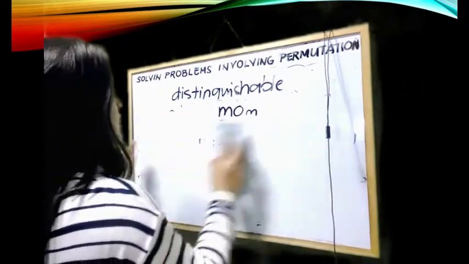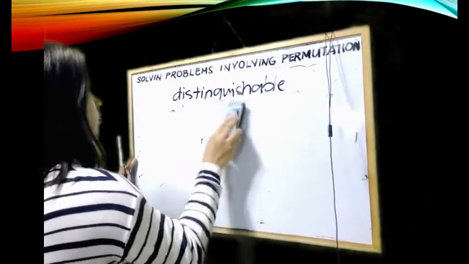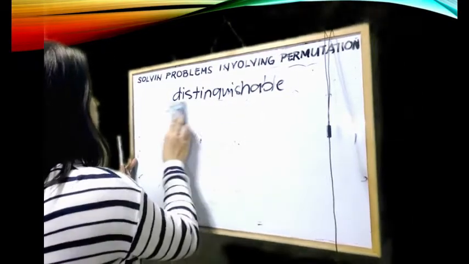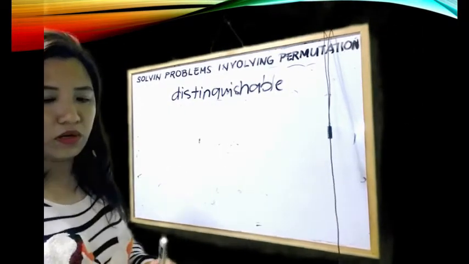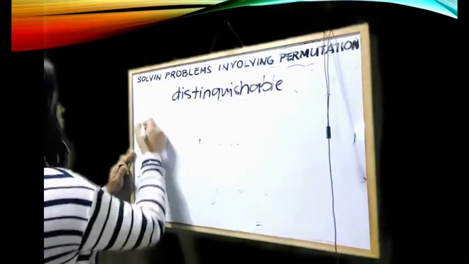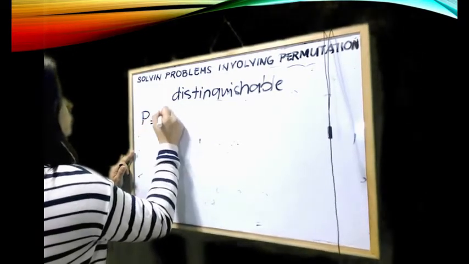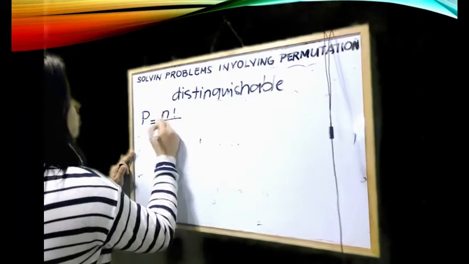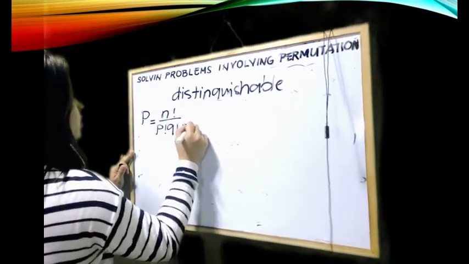That's why they added the word distinguishable, because we only need to find out the number of permutations of those distinguishable objects. So our formula for that one is P is equal to n factorial over p factorial times q factorial times r factorial.